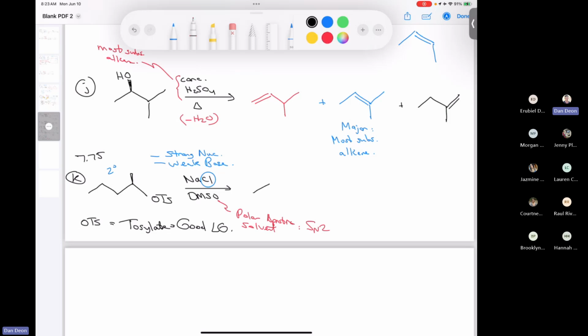So let's write down what the product is going to look like. So we've got our chloride here. There you go. Remember, we are going to have inversion of configuration because of backside attack, right? We flip the stereochemistry when we do that SN2 reaction. So I'll just write down here SN2.